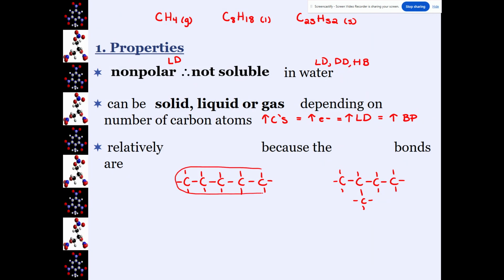The chain that is a continuous chain versus the branched chain has more surface area, allowing another molecule to have more contact. Because remember, when we're talking about boiling points, we're talking about separating two molecules apart from each other. So this is another molecule of my C5H12 as what we would call straight chain, okay?